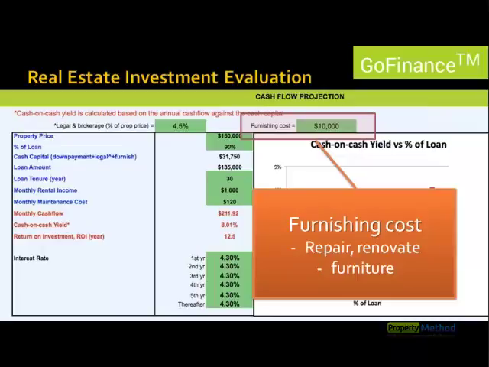So let's say after we carry out due diligence and checking with our contractors, we find that the apartment of Mr. Seller requires us to put aside a budget of minimum 10,000. 10,000 is required minimum to refurnish the apartment so that we can continue to rent at the expected rent.